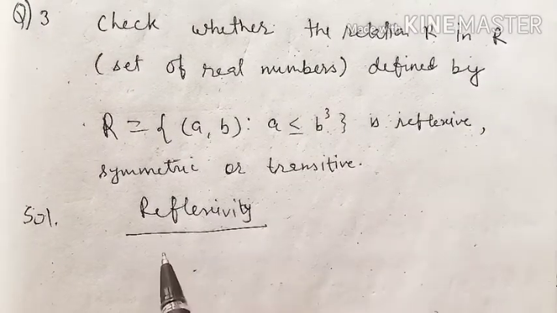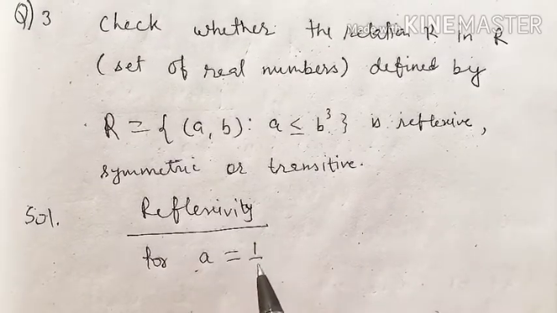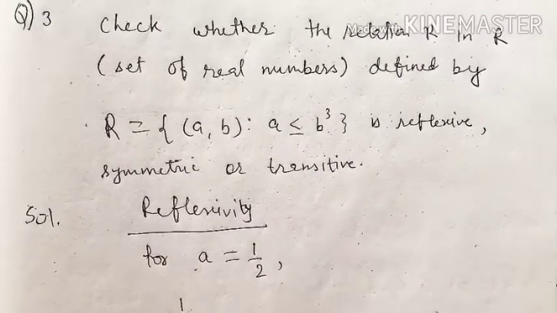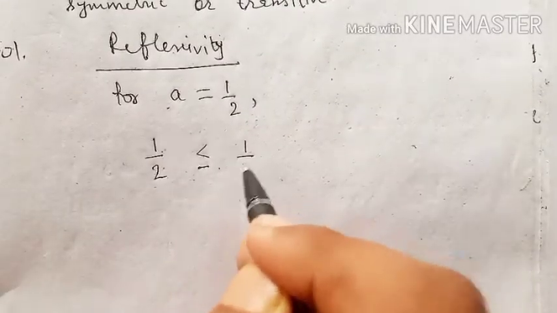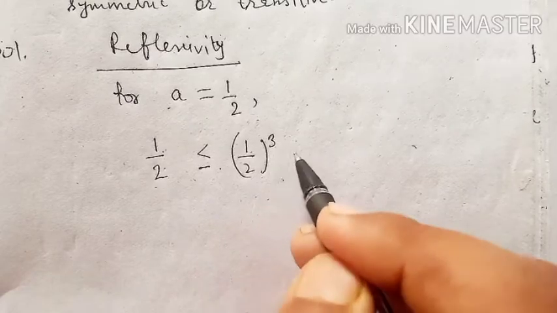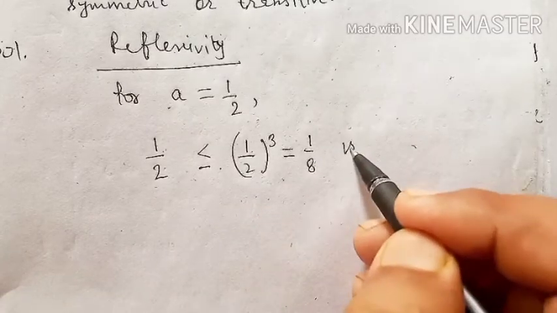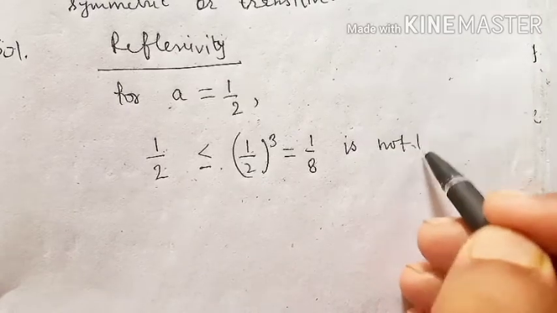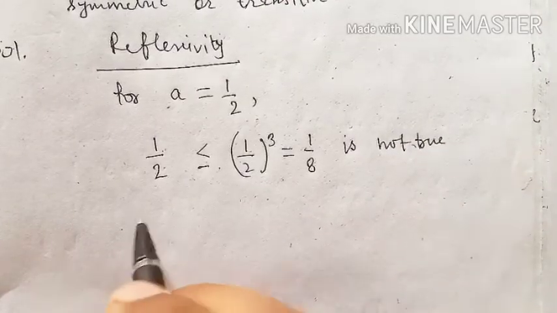So if we take a equal to 1/2, then we see that 1/2 is less than or equal to (1/2) whole cube, which is equal to 1/8, is not true. So R is not reflexive.